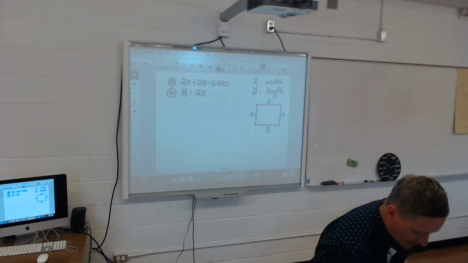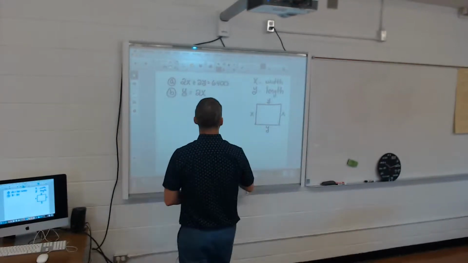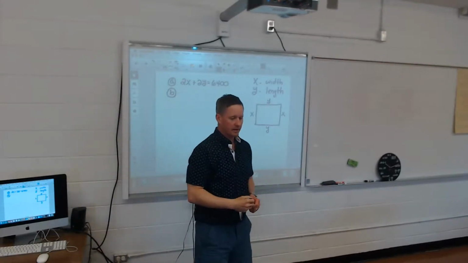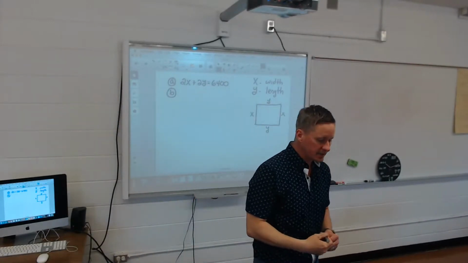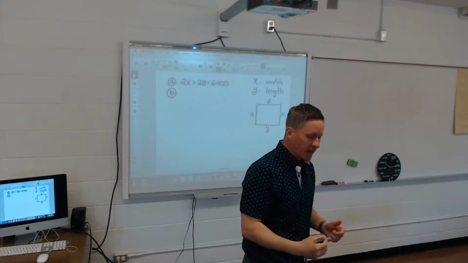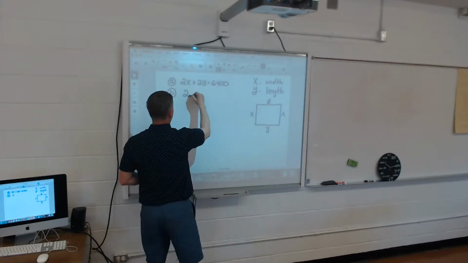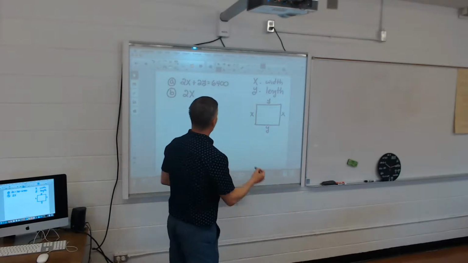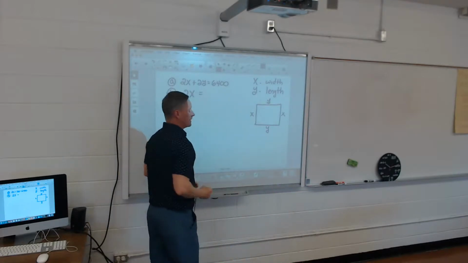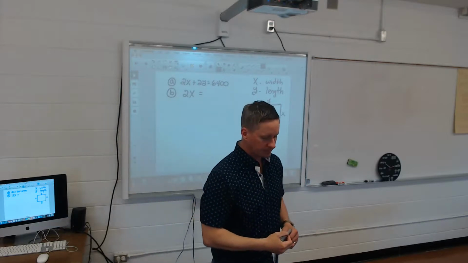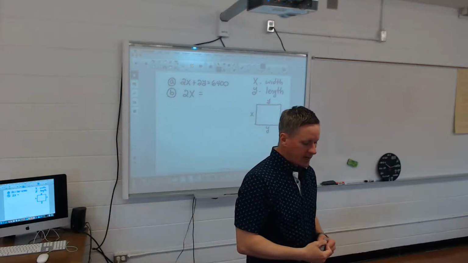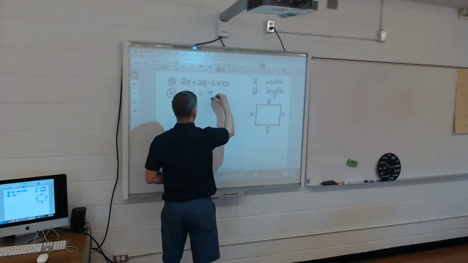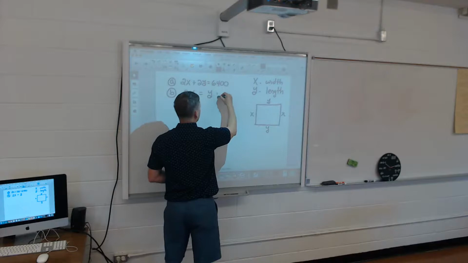So here's a better way to do it. Let's follow the way the words work for us. This might make it a little easier for you. It says 2 times the width. So I start with that. 2x. Is an important word when it comes to word problems because it means equals. Is 40 more than the length? So if I take the length, I need 40 more than that.